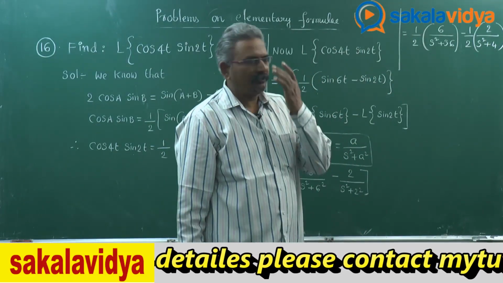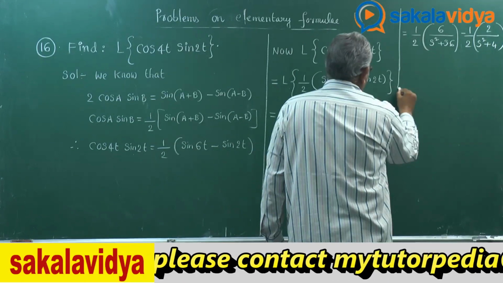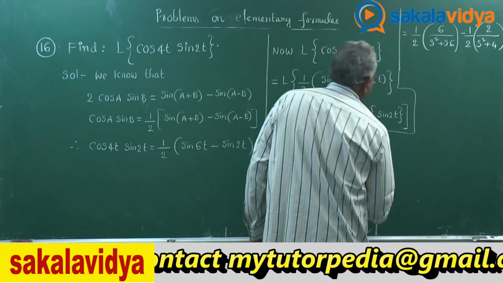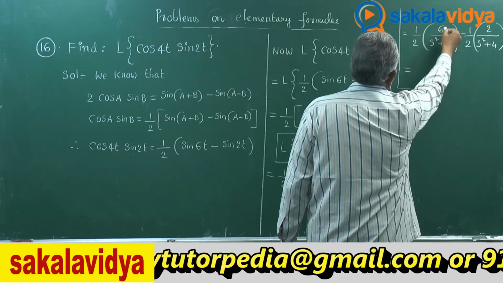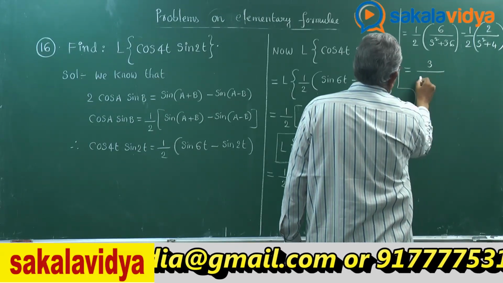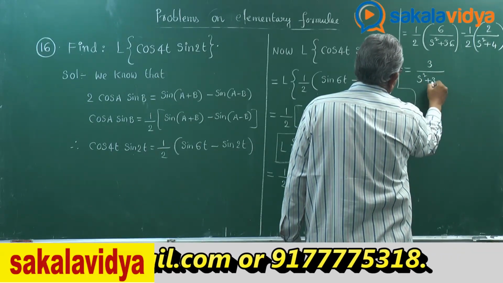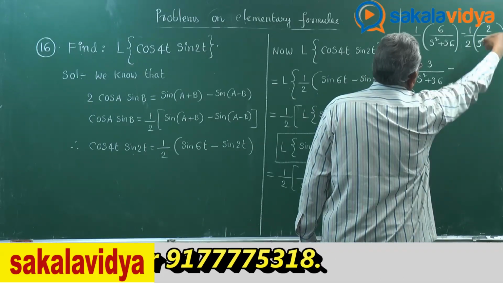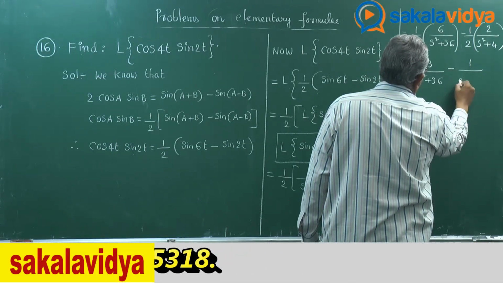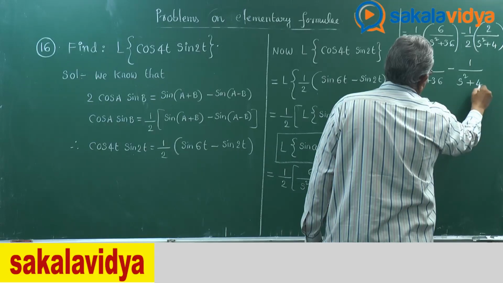Simplification takes place now. So we can write 3 divided by s square plus 36, and minus 2 gets cancelled, we have 1 divided by s square plus 4. Am I correct?